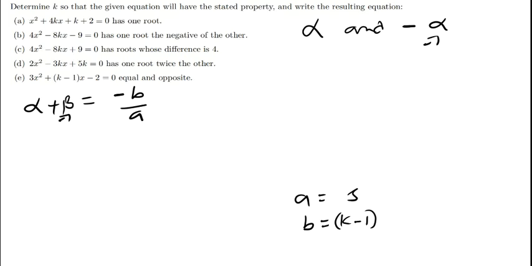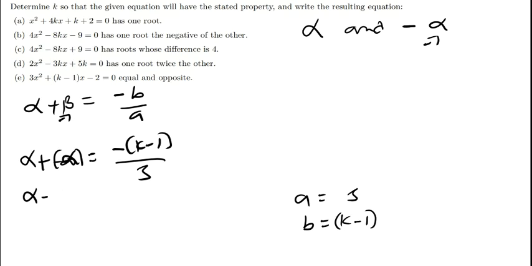So that is alpha plus negative alpha equals negative (k minus 1) divided by 3. So alpha minus alpha equals negative k plus 1, I've opened the brackets, divided by 3. Alpha minus alpha is 0.